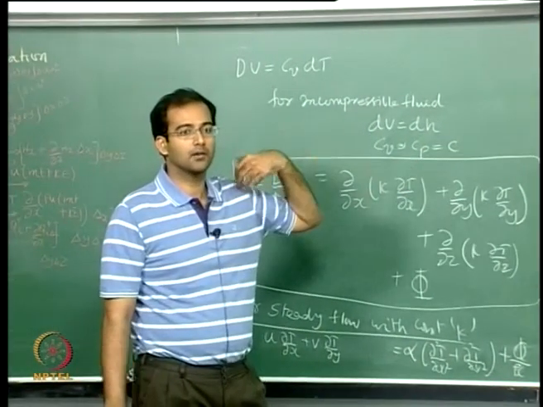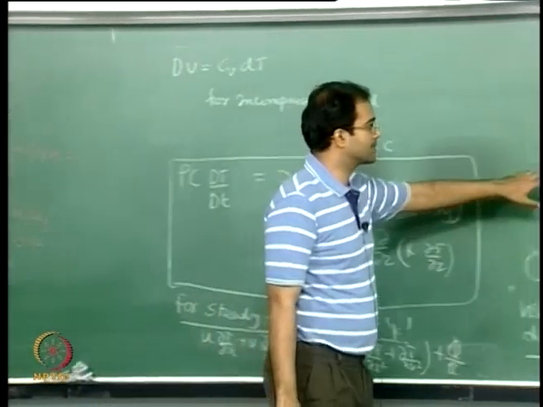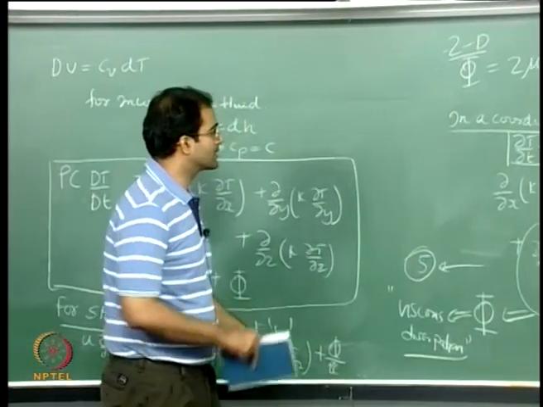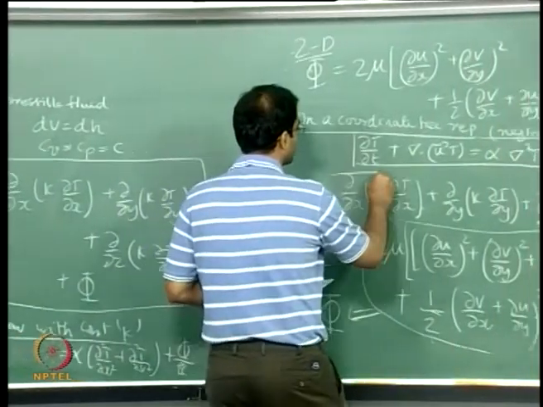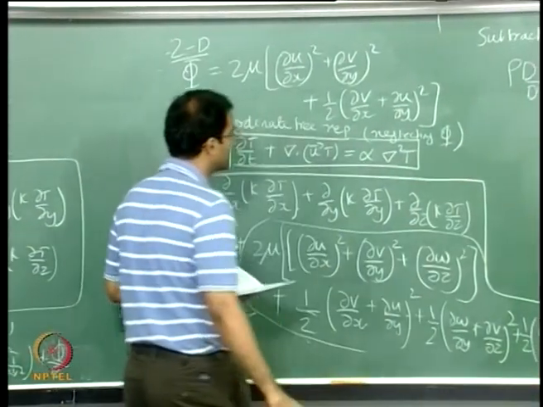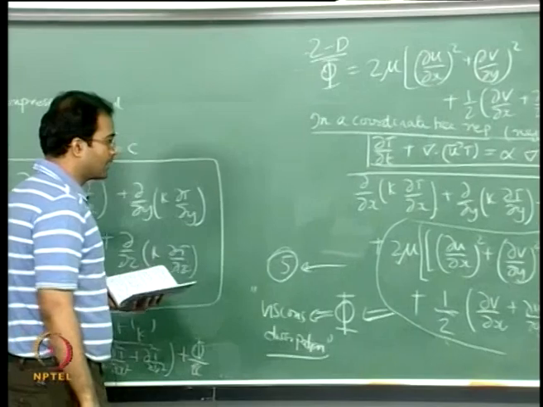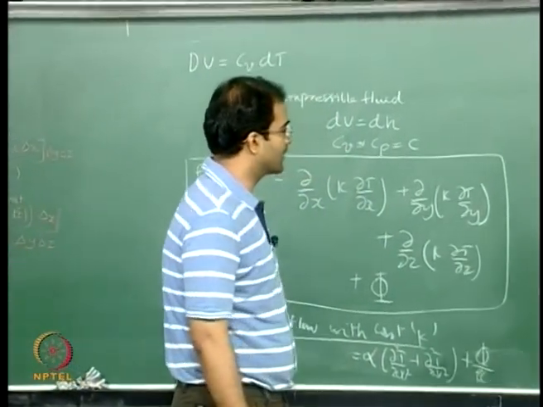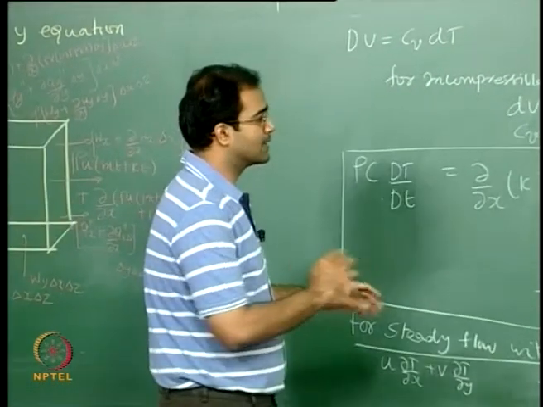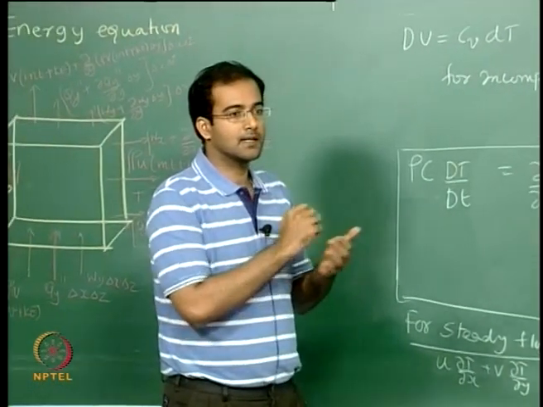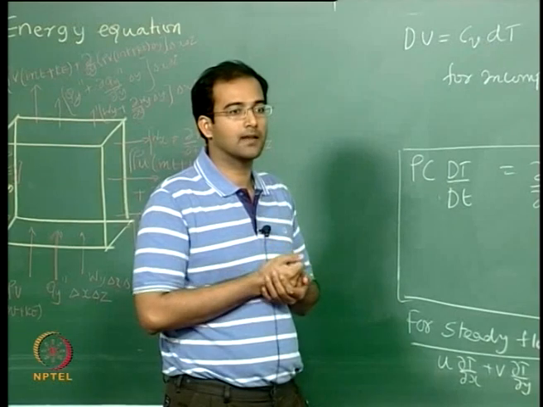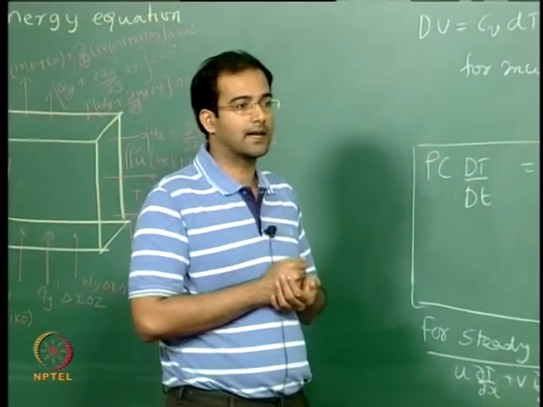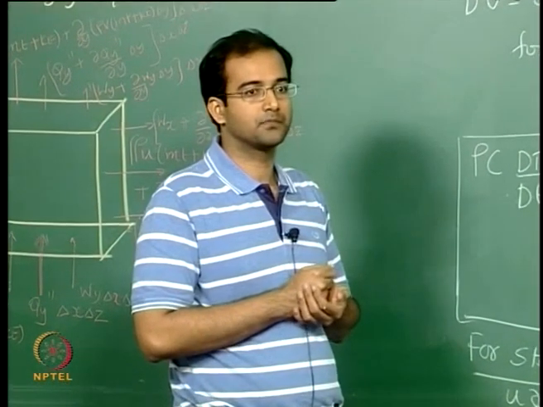If you want to write this in cylindrical or spherical, you please substitute in that particular coordinate system the corresponding divergence operator and the Laplacian operator. We will come back to that. Right now I am concerned only with the derivation. We will non-dimensionalize these equations, then only we can find the criteria where we can neglect those terms.